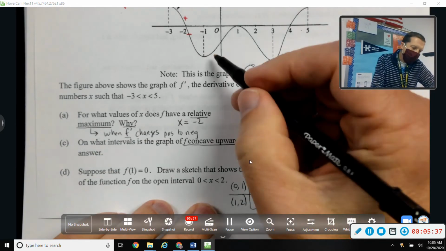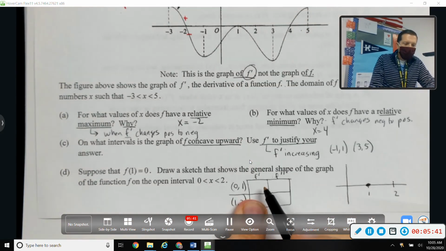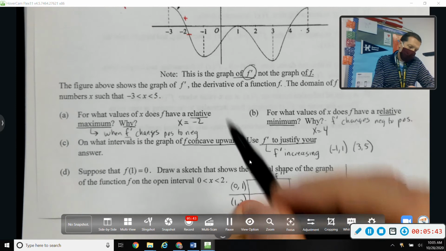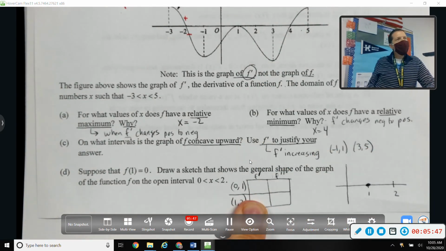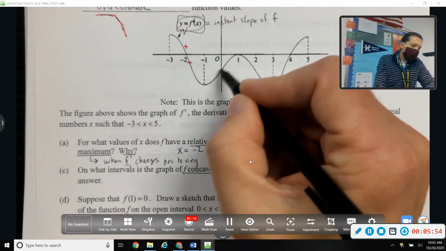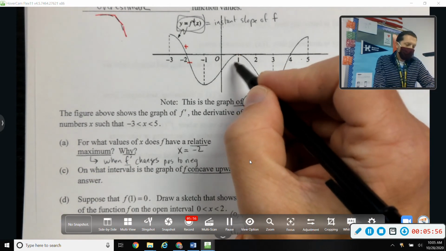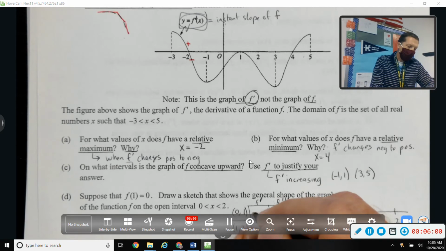So from 0 to 1, and I'm just thinking positive and negative here. From 0 to 1, what's f prime, positive or negative? Remember, this is the graph of f prime. From 0 to 1, this graph is below the axis, so f prime is negative.